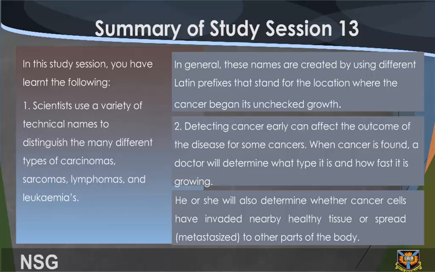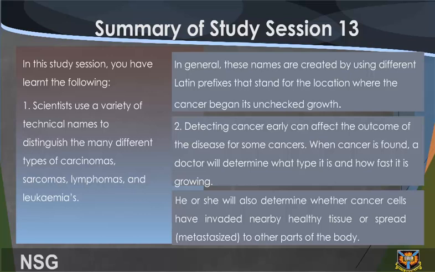Summary. In this study session, you have learnt the following. 1. Scientists use a variety of technical names to distinguish the many different types of carcinomas, sarcomas, lymphomas, and leukemias. In general, these names are created by using different Latin prefixes that stand for the location where the cancer began and its unchecked growth. 2.